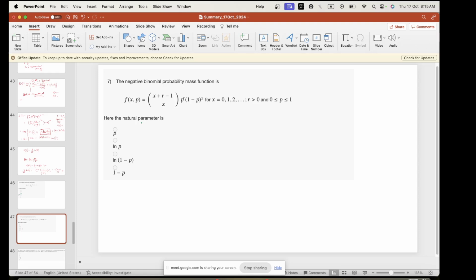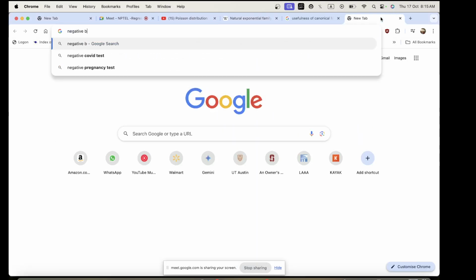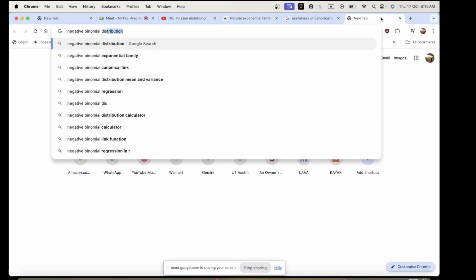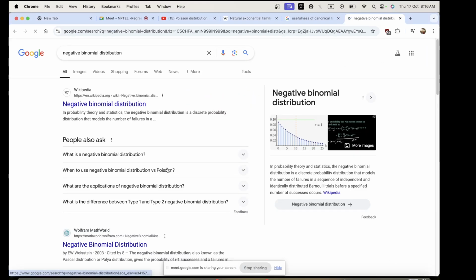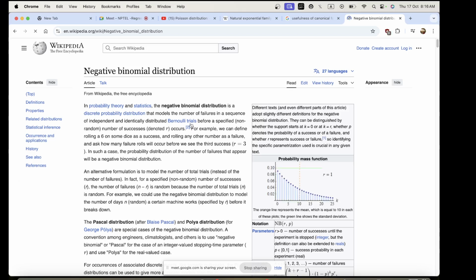Negative binomial is the number of failures in a sequence of independent Bernoulli trials before a specified number of successes occurs.